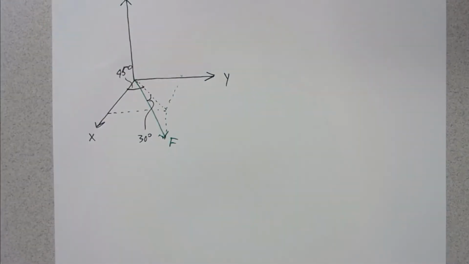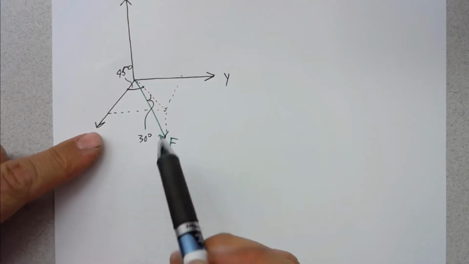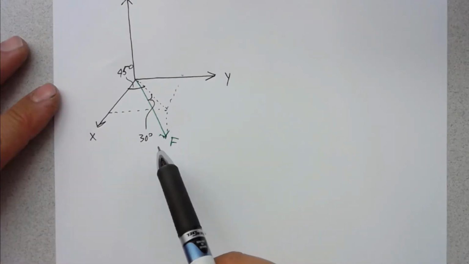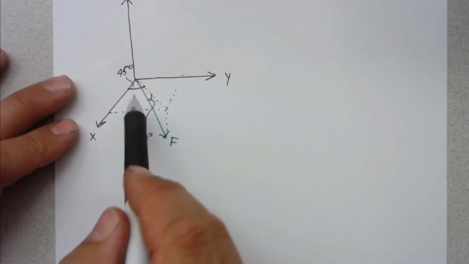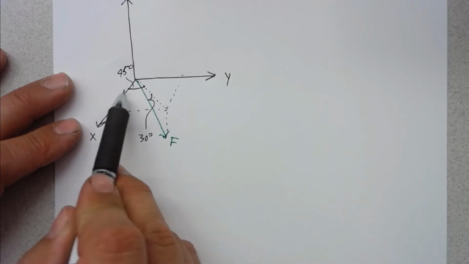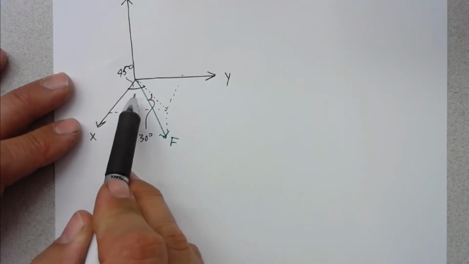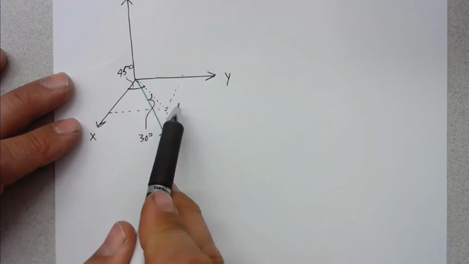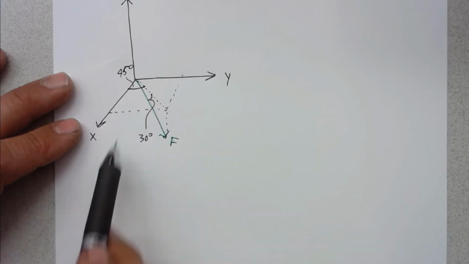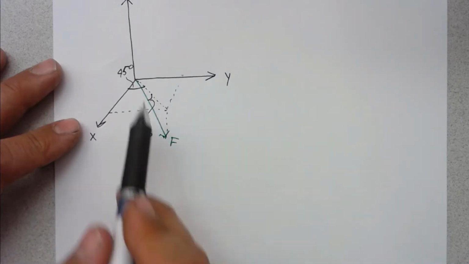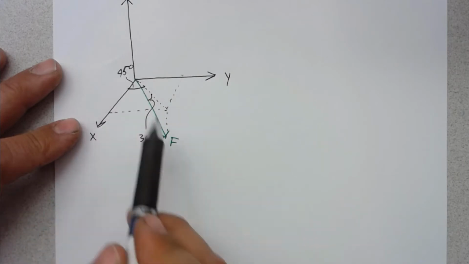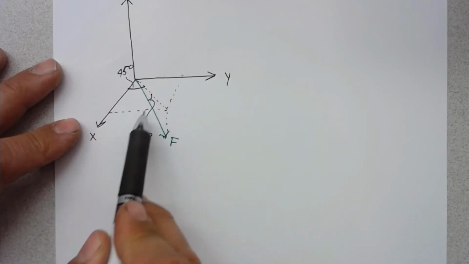So the way that we can tell that this is a transverse and azimuth definition of a vector is that they give you an angle that doesn't go to the vector itself. It goes to this intermediate stuff in the xy plane. So that's your transverse angle, that 45. The azimuth angle is the angle off of the xy plane.